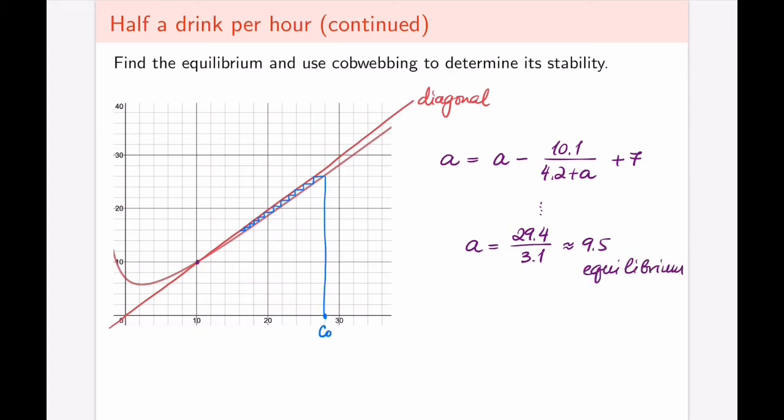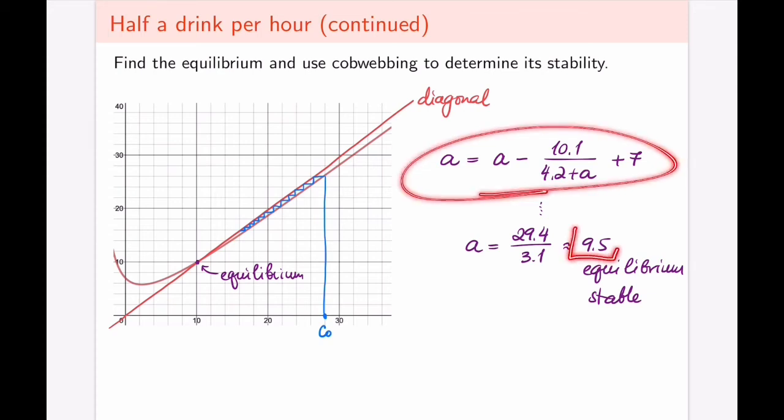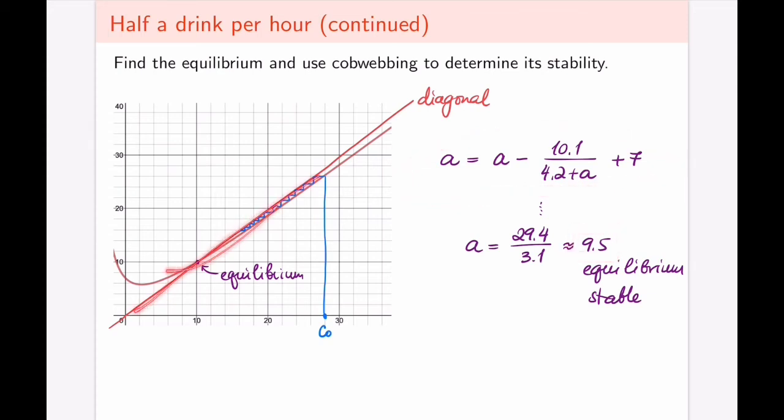And from the cobwebbing, I can see that it's in fact stable, because if I start above it, my cobwebbing converges towards it. So once again, let's pause here for a second and think about all the tools that we've utilized. We can set up an algebraic equation in order to find the exact value of the equilibrium, and we can use the cobwebbing to tell us whether or not it's stable.